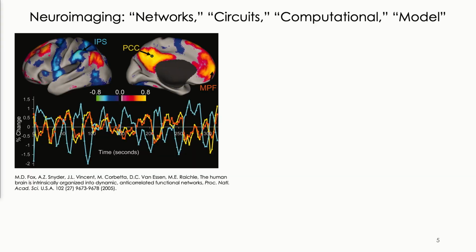In the context of neuroimaging, when we say networks, and even sometimes circuits, what is typically meant is something that looks like this, where we have a seed region, and then we're asking what other areas of the brain are co-activated with that seed region.